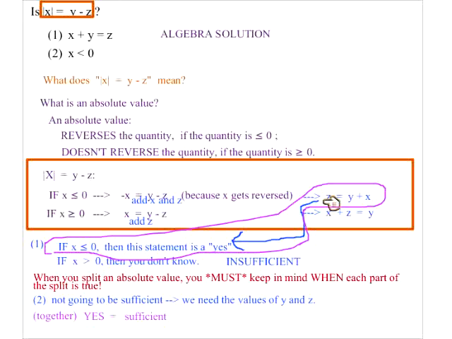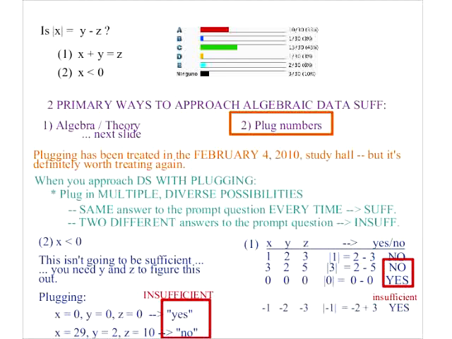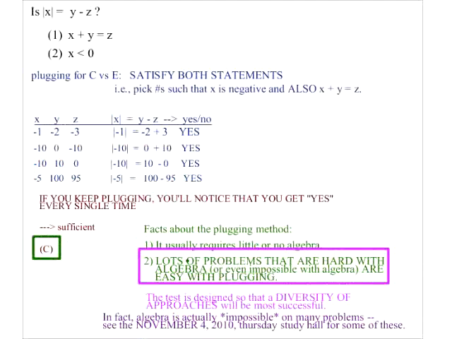You just keep pushing things around and we don't know. Versus in plugging, you actually get two hard answers that contradict each other, and it sometimes happens very quickly. So if you're doing algebra and getting nowhere, you need to be willing to switch very quickly to plugging.